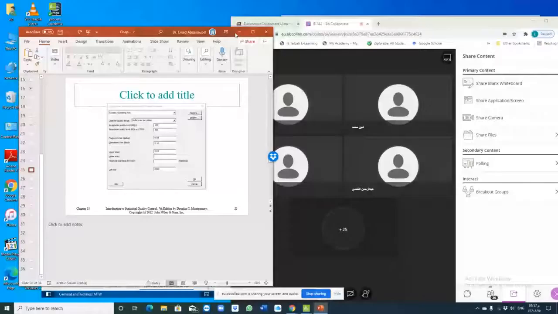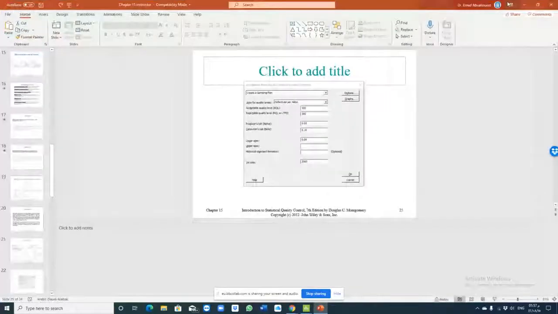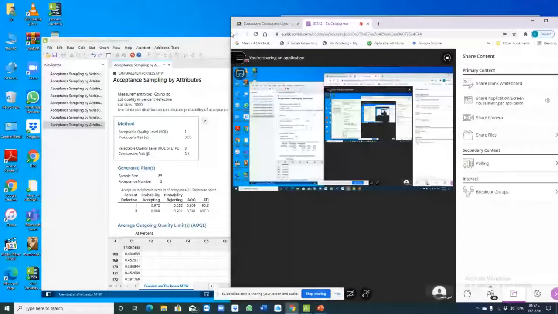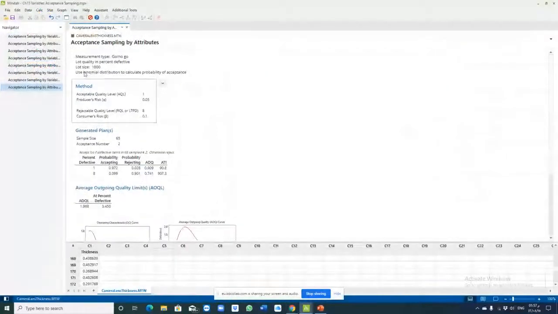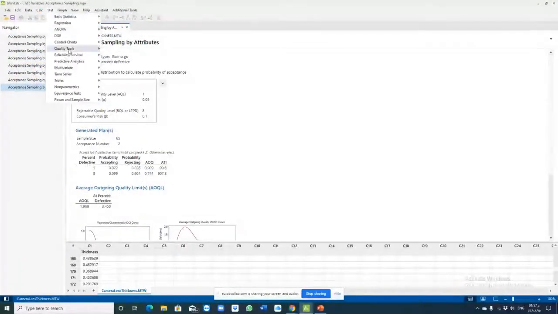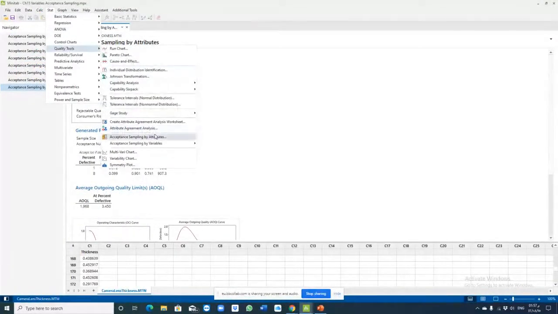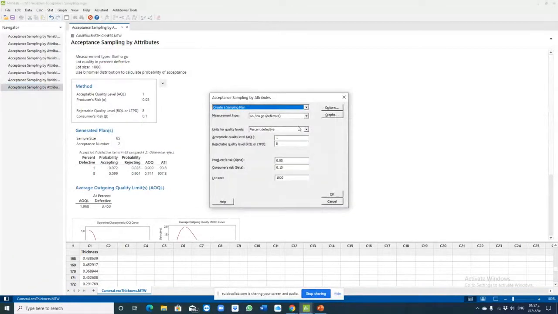Okay, I needed the value, that's why I had to open it here again. So the defective per million will be 100 for the AQL.